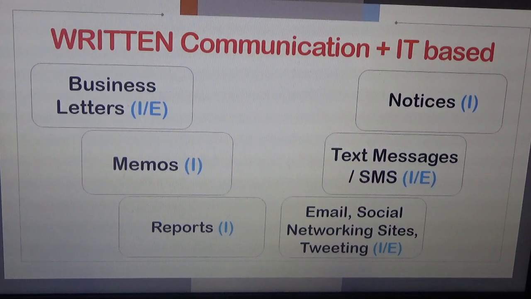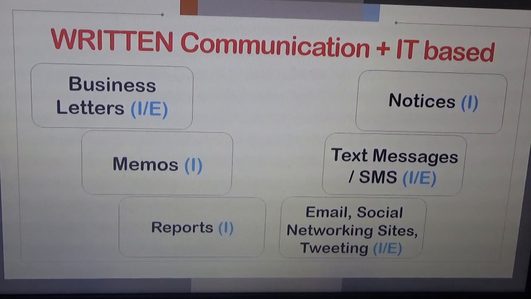Text messaging or SMS is an easy and discreet way of communicating with others. Text messaging also allows the sender to communicate with others in situations where a face-to-face or phone conversation is not possible or appropriate. Also, a record exists of the communication until this is deleted.